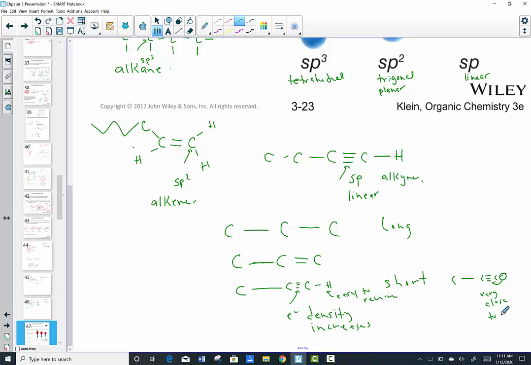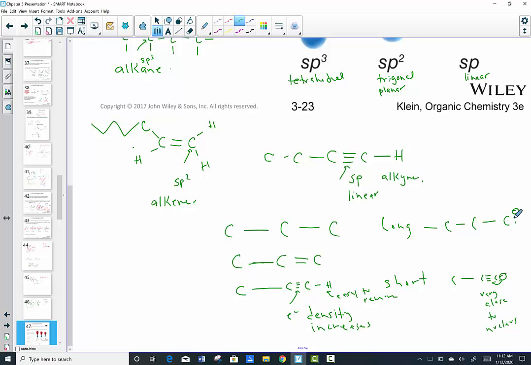The shorter the bond, the tighter everything is. The electron density is being pulled really close to everything. So when this proton is abstracted and this bond collapses, these electrons get pulled tight right there. When this bond collapses, these are very loosely held electrons. Therefore, this is a less stable configuration.